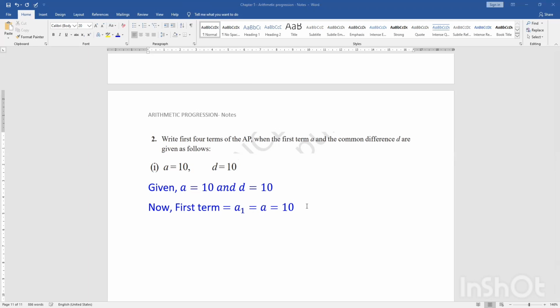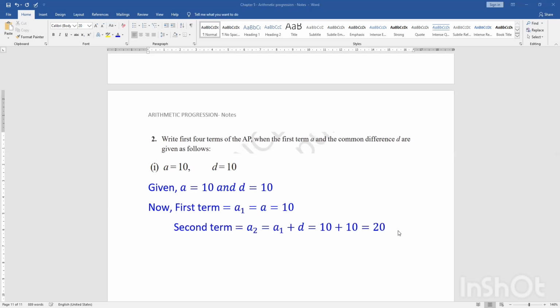The second term will be nothing but A2, which is nothing but A1 plus D. That is, for the first term you are going to add 10 to that. Right? So what I can do is write 10 plus 10, which will give you 20.